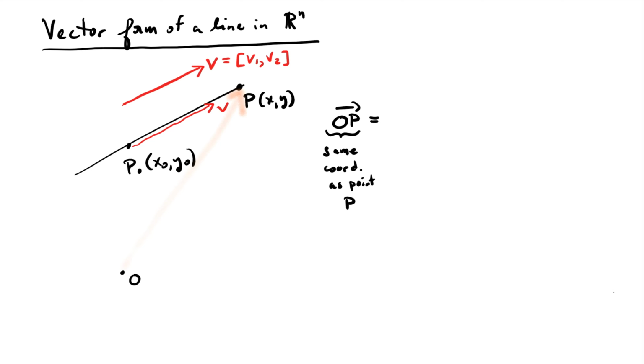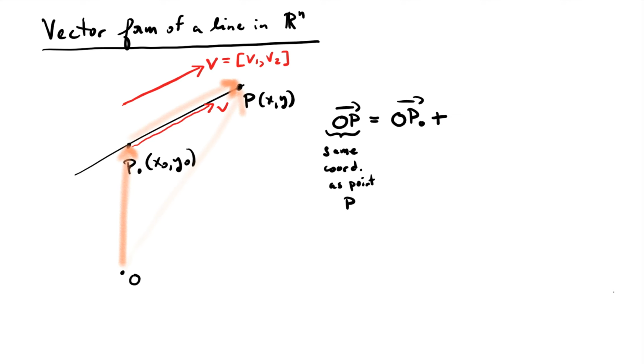So what is OP? To get to OP, let's take a path that I know. I can go from O to P0. I know how to get there because I have the coordinates of P0, and I know how to get from P0 to P, because all I have to do is move along V. So to get to P, I'm going to start at point P0, which has the same coordinates as the vector OP0.